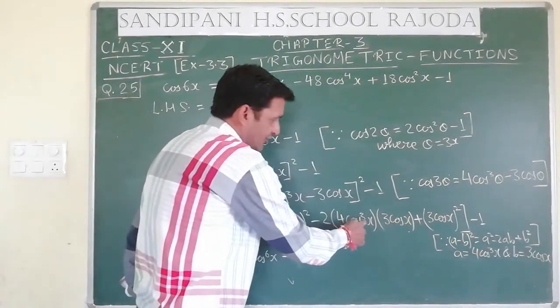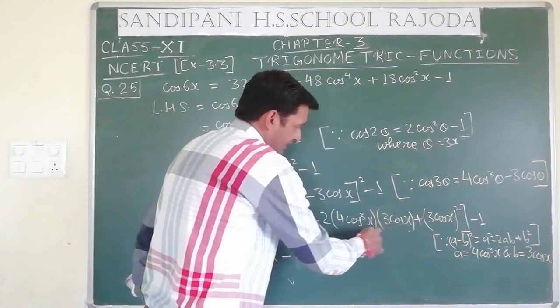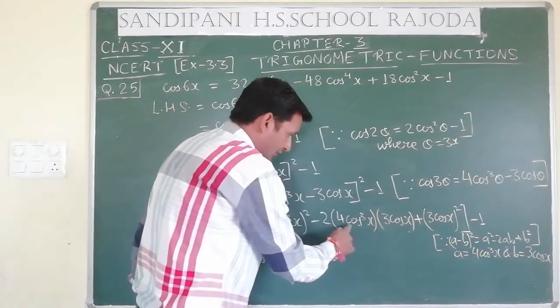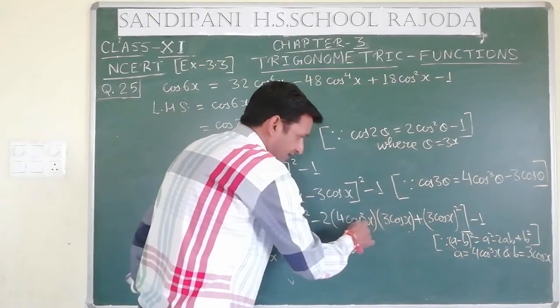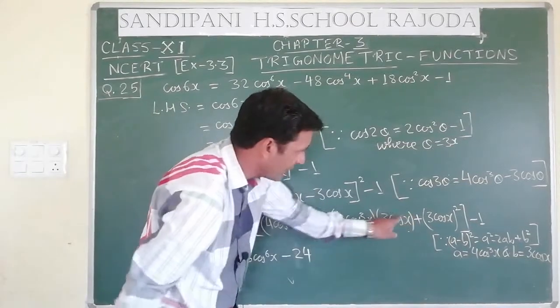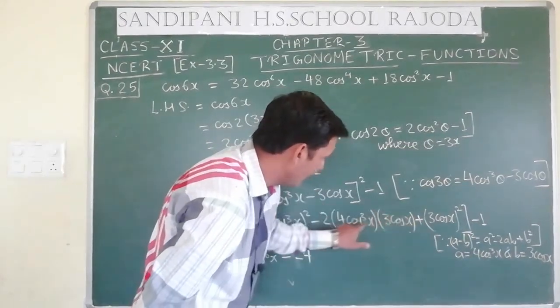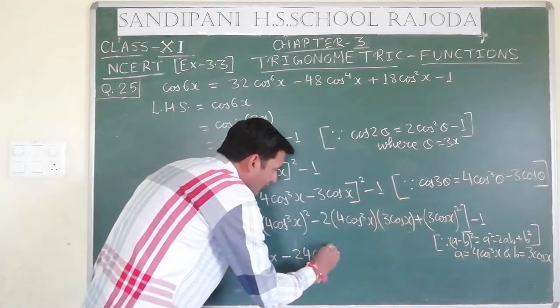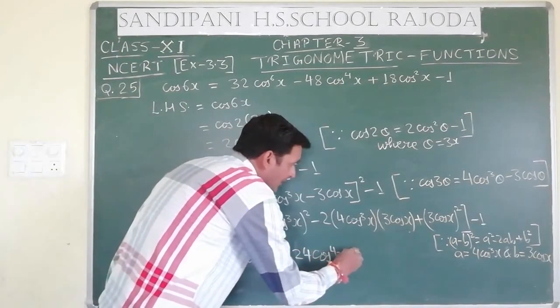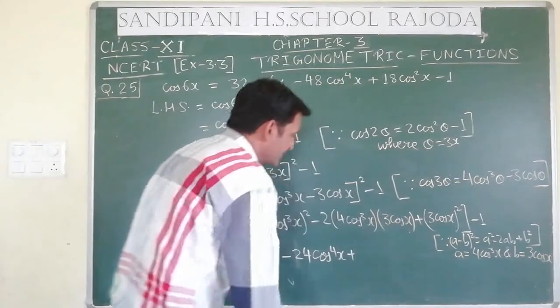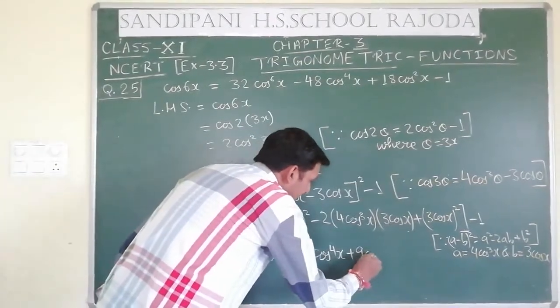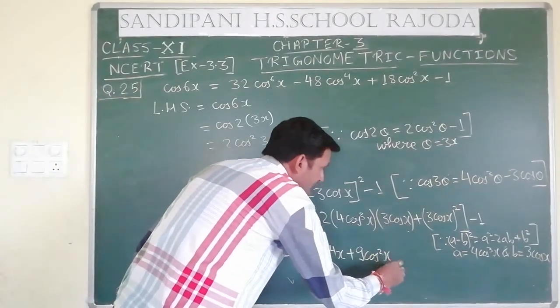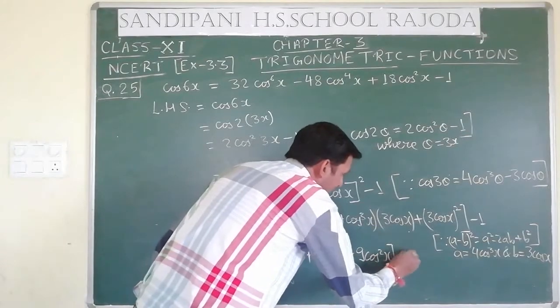Cos raised to the power 3x and cos x are in multiplication, so it will become cos raised to the power 4x. Here nothing is there, means power is 1. So 3 plus 1 is 4. So we may write 24 cos raised to the power 4x plus 3 cos x whole square is 9 cos square x minus 1.